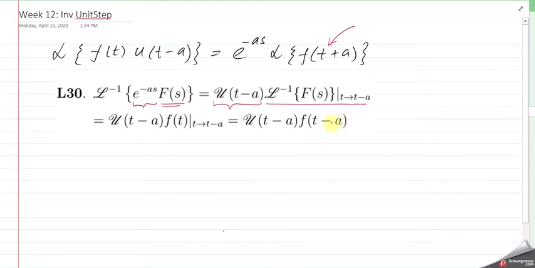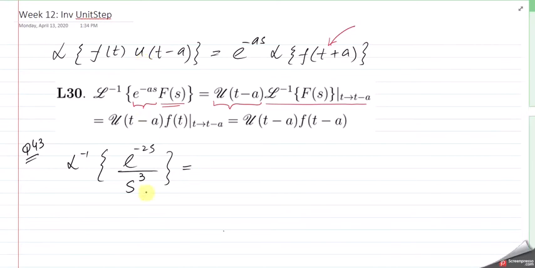So let's start with a simple example. For example, let's say we have, this is question number 43, Laplace inverse of e raised to power minus 2s over s cube. We can clearly see our f of s here.